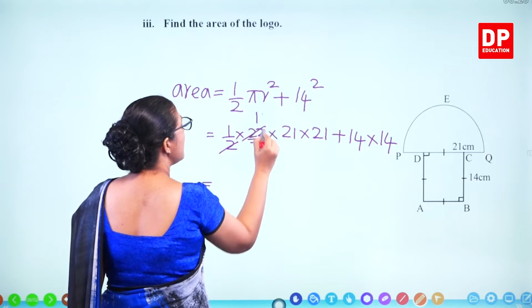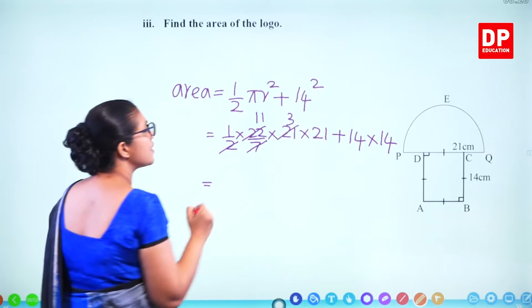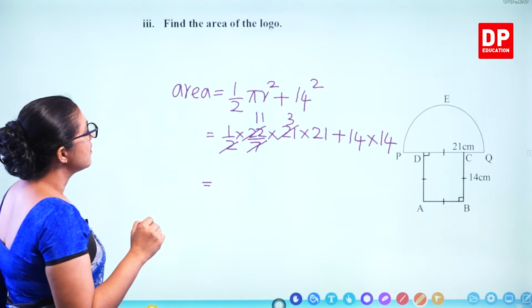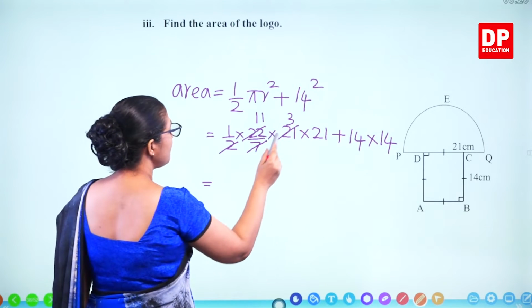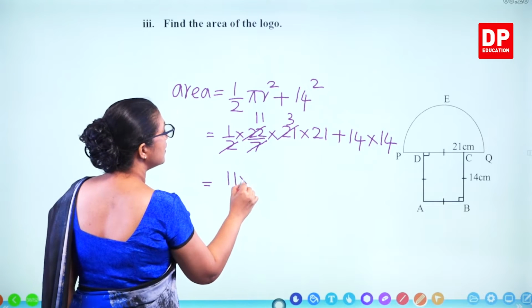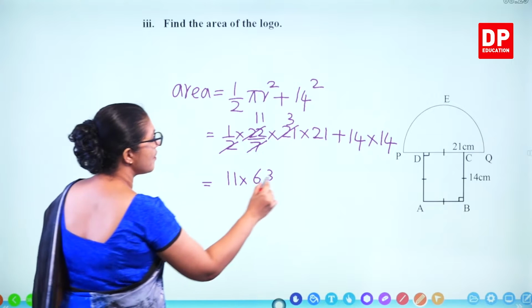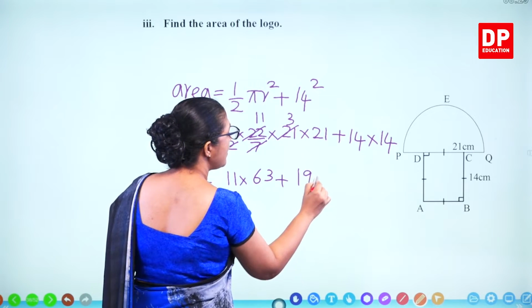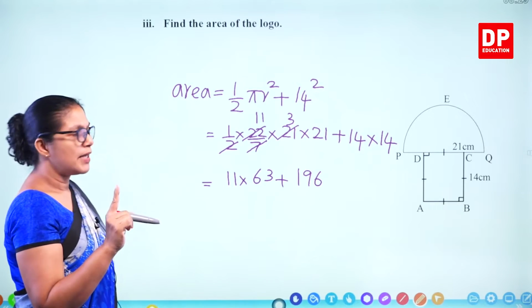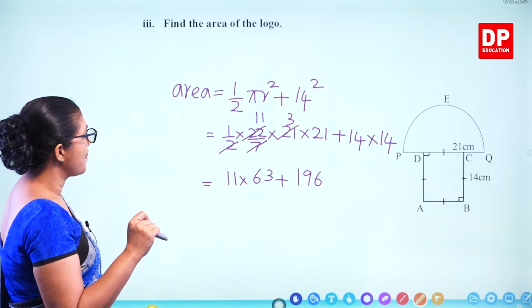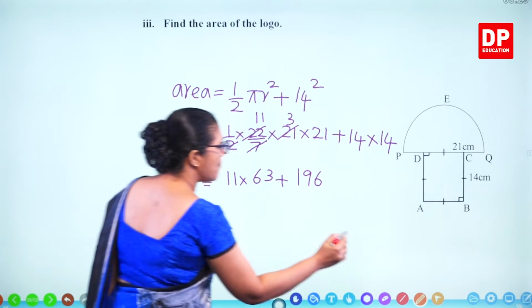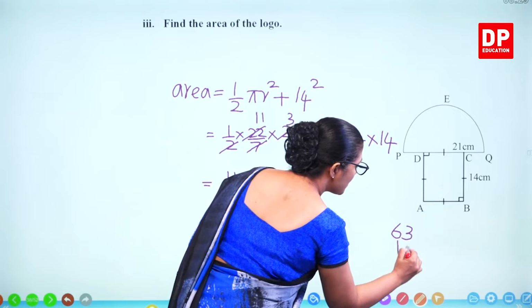2 with this 11, 7 with this 3. 11 times 63. 14 times 14, 196. You can multiply and get the answer. So how do you multiply by 11? What's the easiest way to multiply by 11?